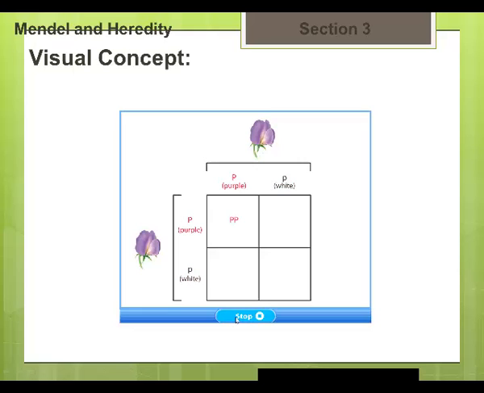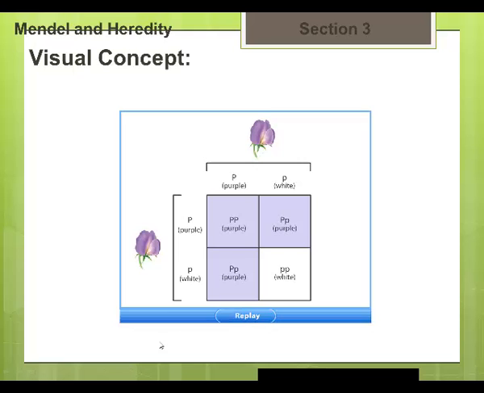We fill in the chart by writing the letters that appear at the top of the column and to the left of the row for each box. Any box with a capital letter has the dominant trait, purple flower color. We can see from the Punnett square that 3/4 of the offspring produced by these parents will have purple flowers, and 1/4 will have white flowers.